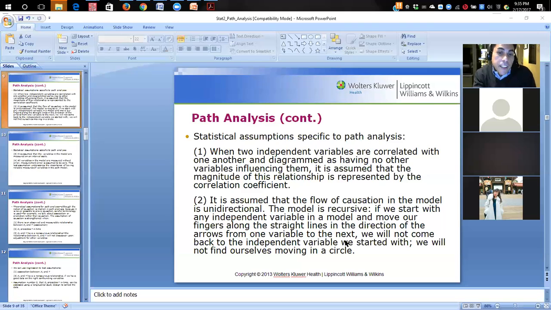We will not find ourselves moving in a circle. If you say education leads to exercise, beliefs leads to exercise, you cannot put another variable that will go back to one of the independent variables, the beliefs or the education. It cannot be circular. But they actually call this model a recursive model, which is quite ironic.